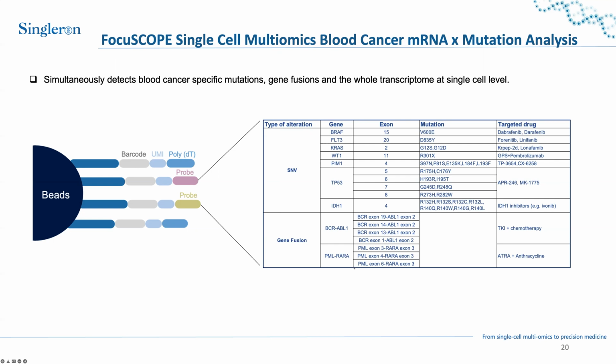When those two genes fuse due to rearrangement, for example, of the genetic material, both genes cannot function properly anymore. And so that's why it is very important for blood cancer.